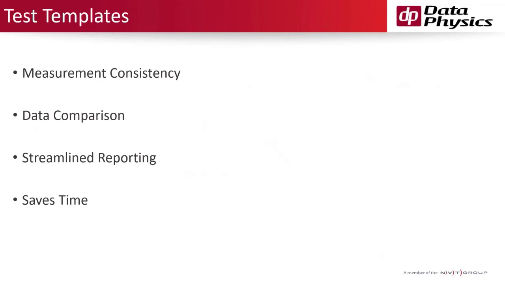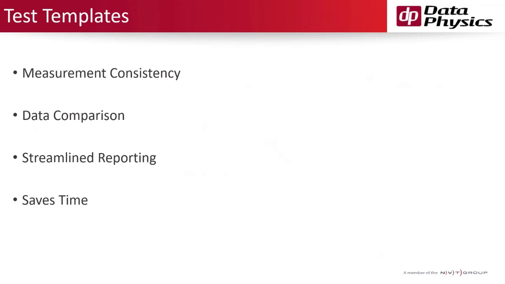The reporting is streamlined as well, because the stats, the documentation, the annotations, the markers that are displayed on the graphs, you will see the same format for all the reports. Of course, the last point is saving time.